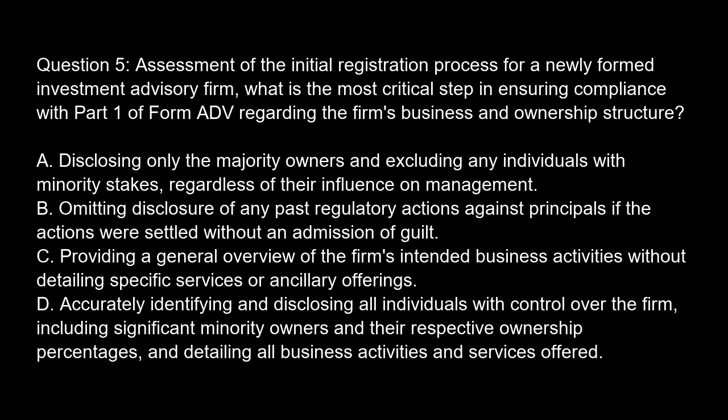Option B. Omitting disclosure of any past regulatory actions against principals if the actions were settled without an admission of guilt. Option C. Providing a general overview of the firm's intended business activities without detailing specific services or ancillary offerings. Option D. Accurately identifying and disclosing all individuals with control over the firm, including significant minority owners and their respective ownership percentages, and detailing all business activities and services offered.